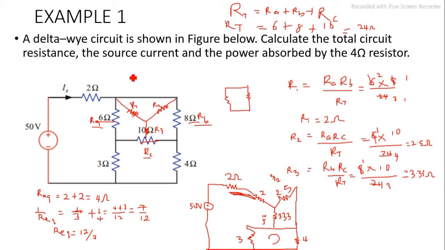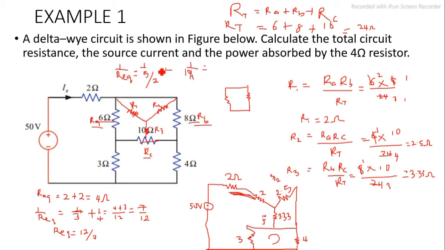So for this loop, 1 over R equivalent will be equal to 1 over 2.5, which is 5 over 2, plus 1 over 3.3, which is 10 over 3.